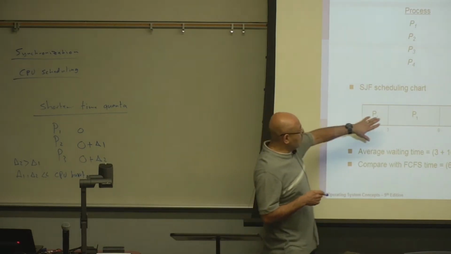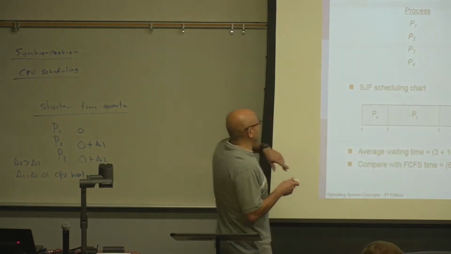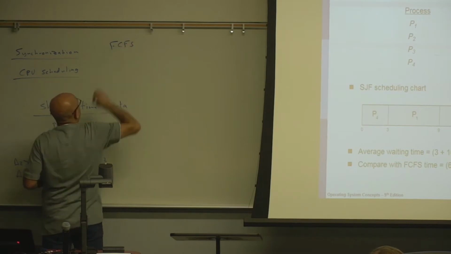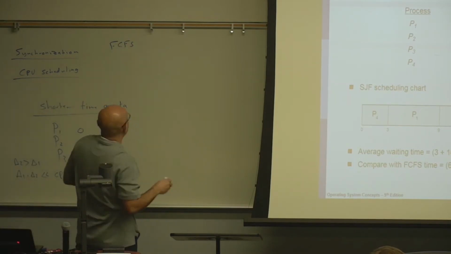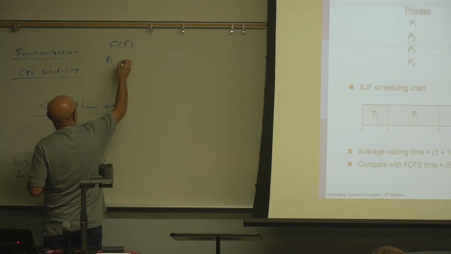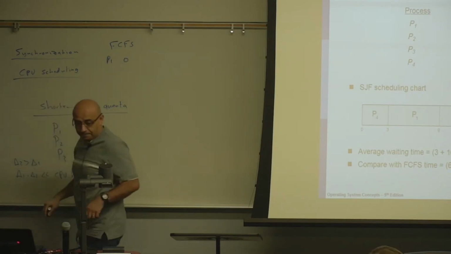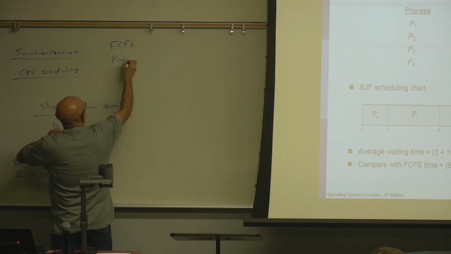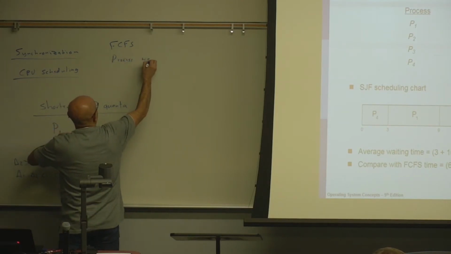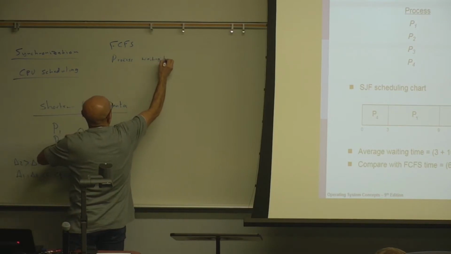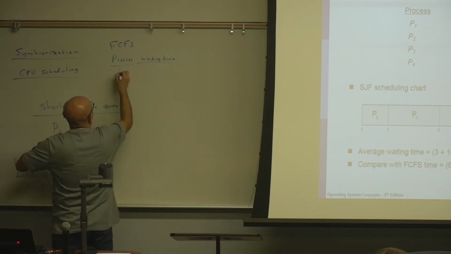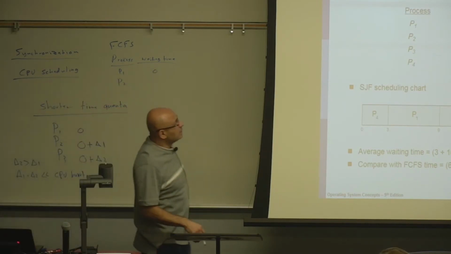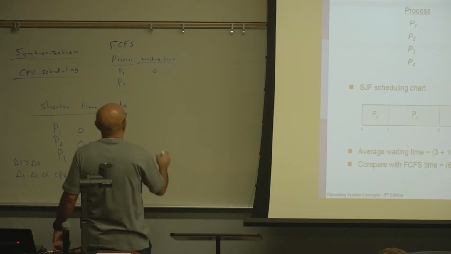Now, what will the waiting time be if we do them first come, first served? In this case, P1 will wait for 0 time. Process 2 will wait for the duration of process 1, or the CPU burst of process 1, which is 6.